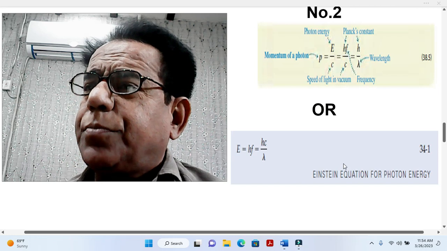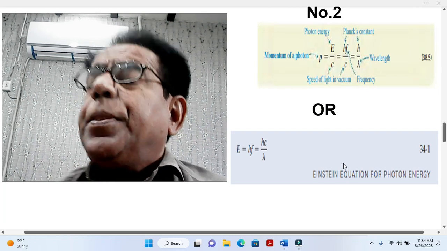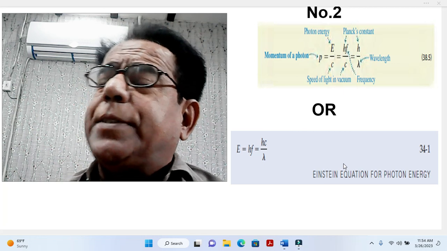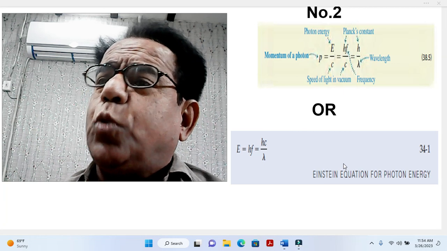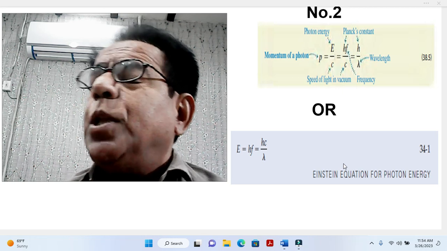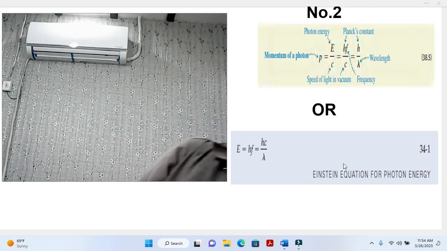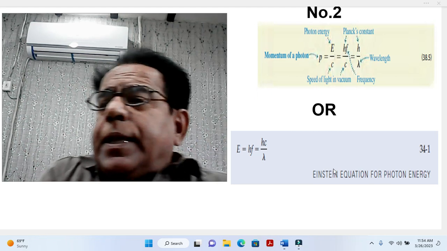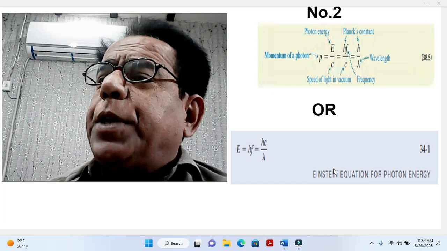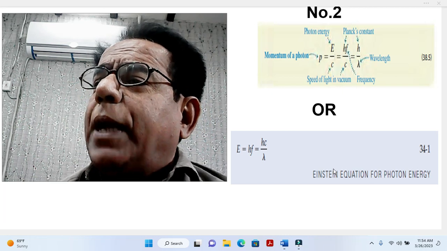Tool number 2, this tool has also been taken many times in our previous problems, previous videos. Tool number 2, momentum of a photon, which is denoted by P, is equal to E over C, where E is photon energy and C is speed of light in vacuum.